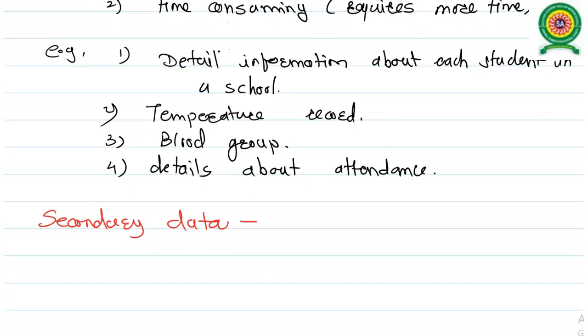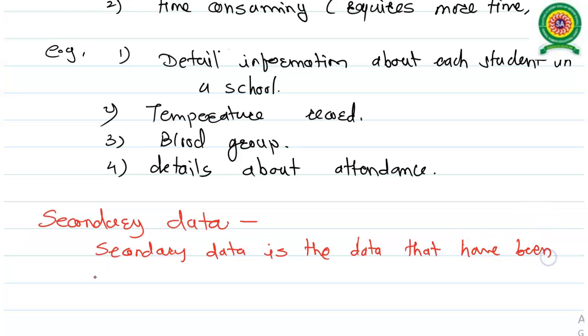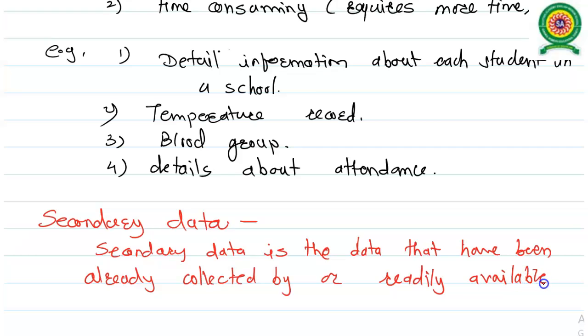Secondary data is the data that has already been collected or is readily available from other sources.